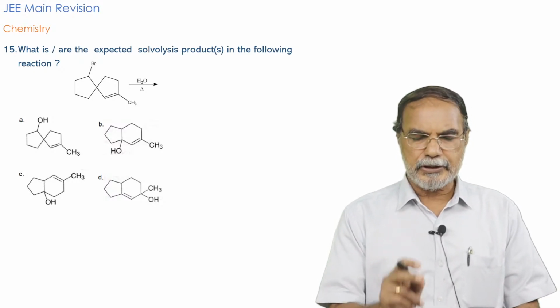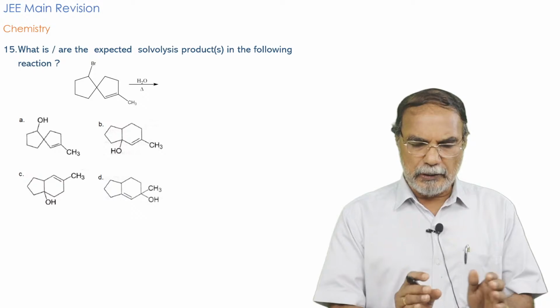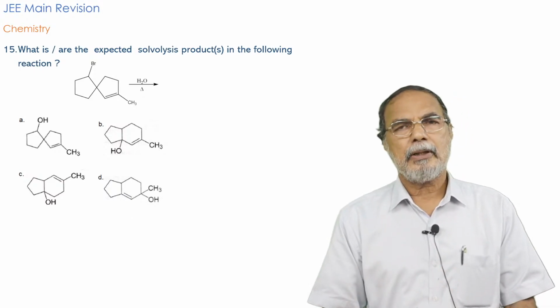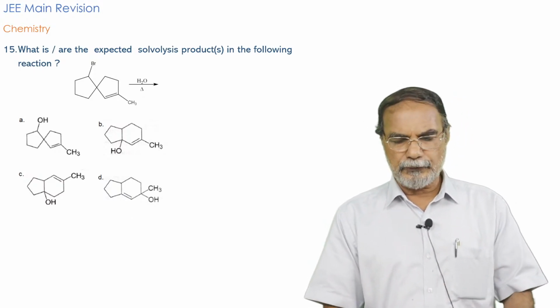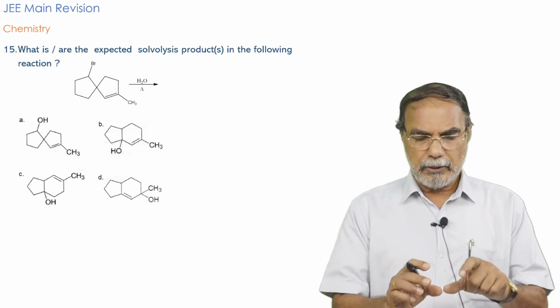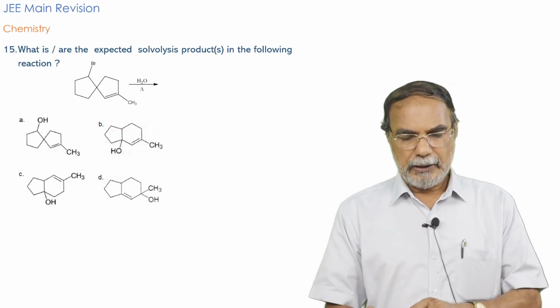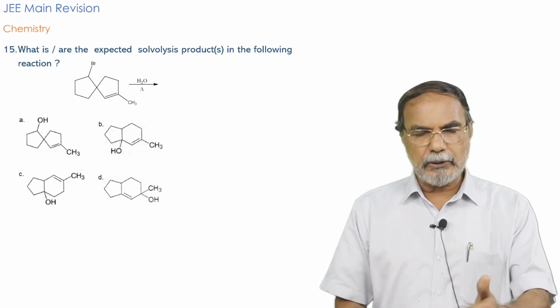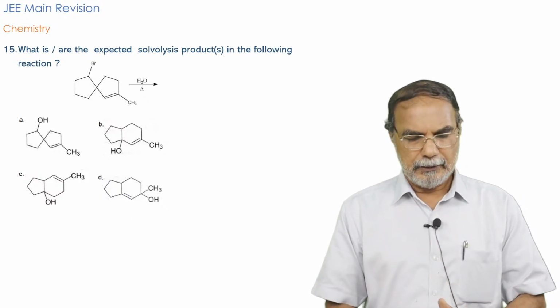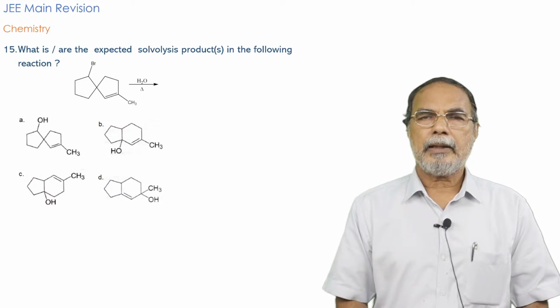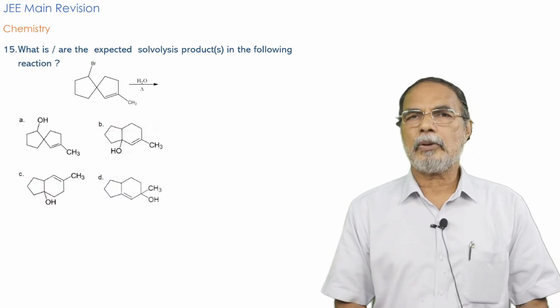That's why the reaction is called solvolysis. So the solvent is a nucleophile in the reaction, and water, as you know, is a weak nucleophile, and the reaction is under heating conditions. Under these two conditions, weak nucleophile and heating, the reaction is most probably taking place by a carbocation intermediate.